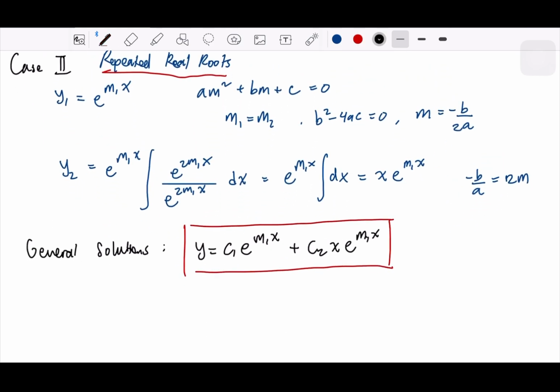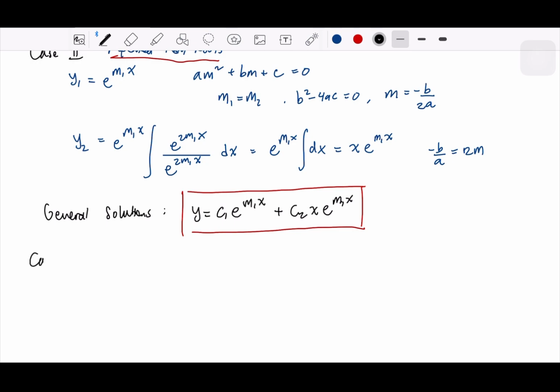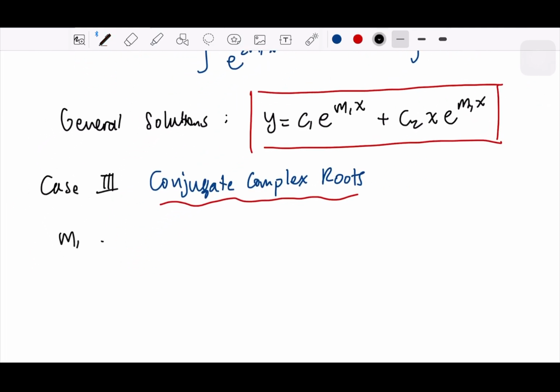Now the third case, case 3, is the conjugate complex roots. Okay, m1 and m2 are complex.